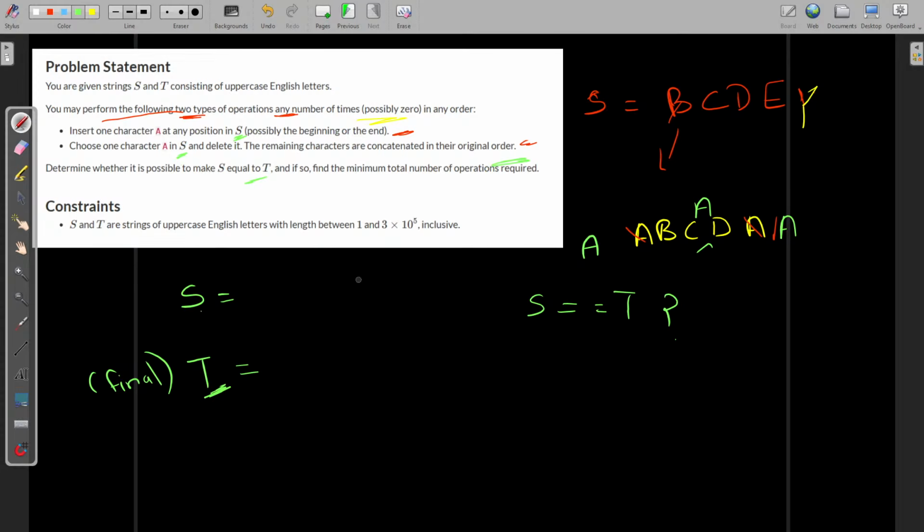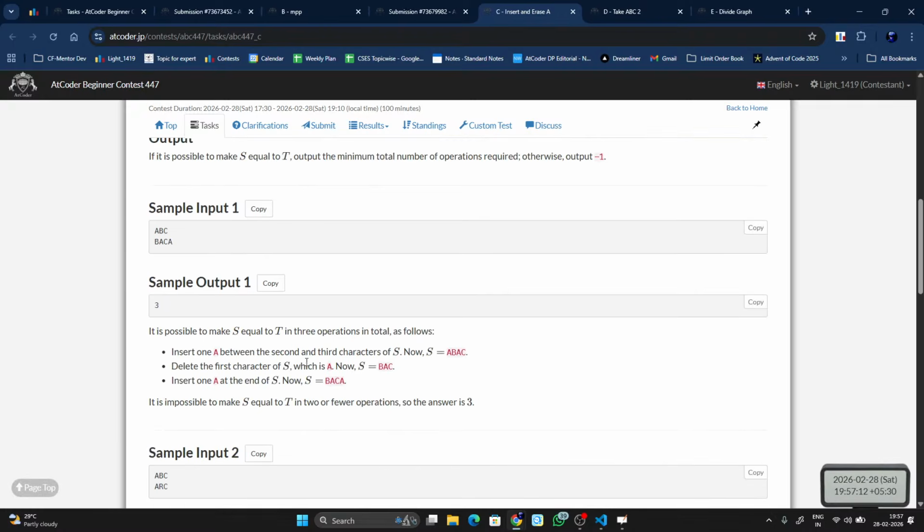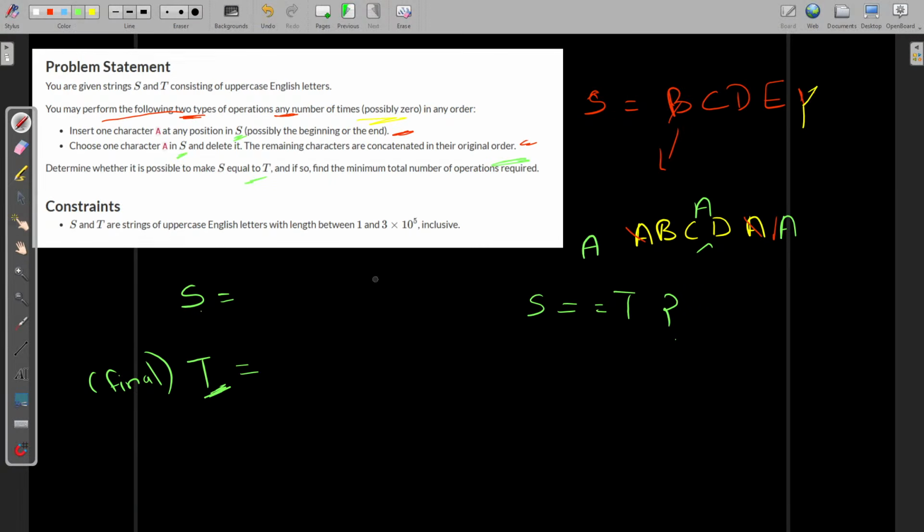Let's take a test case and see what actually happens when we try to make S equal to T. Let's take a random test case: A, B, C, and B, A, C, A. So these are our strings.